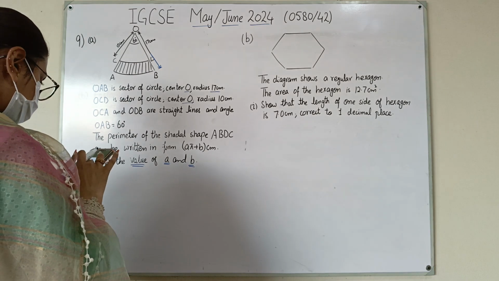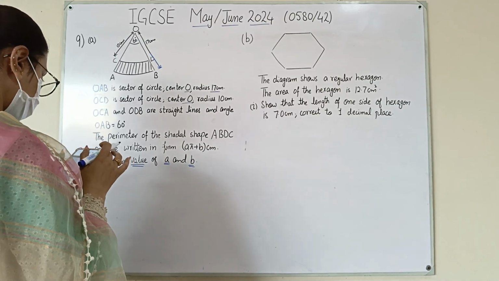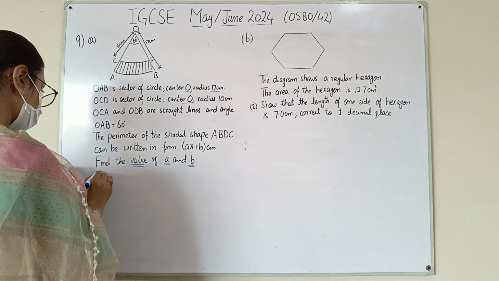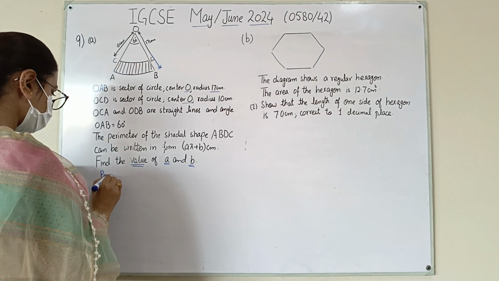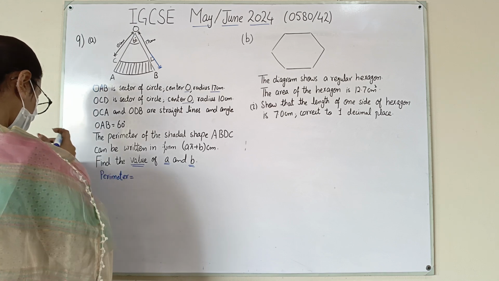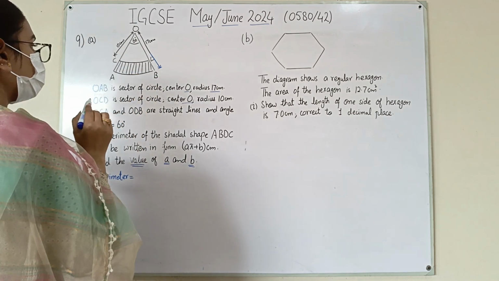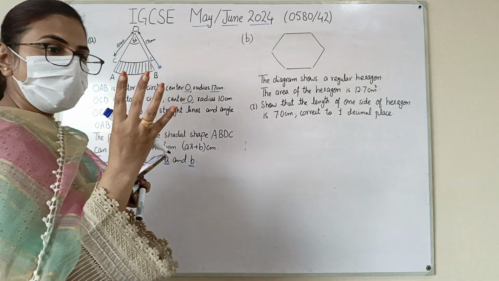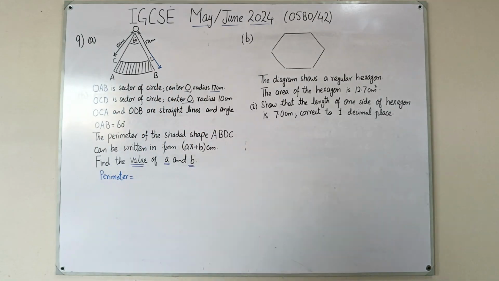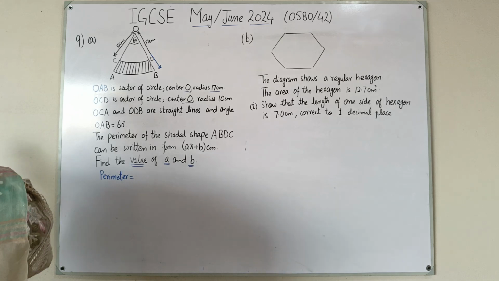The question is quite simple. You have to work a bit on it. First of all, the perimeter. This is a shaded area. It means you have 4 lengths over here, which can be added together in order to find the perimeter of this shaded region.